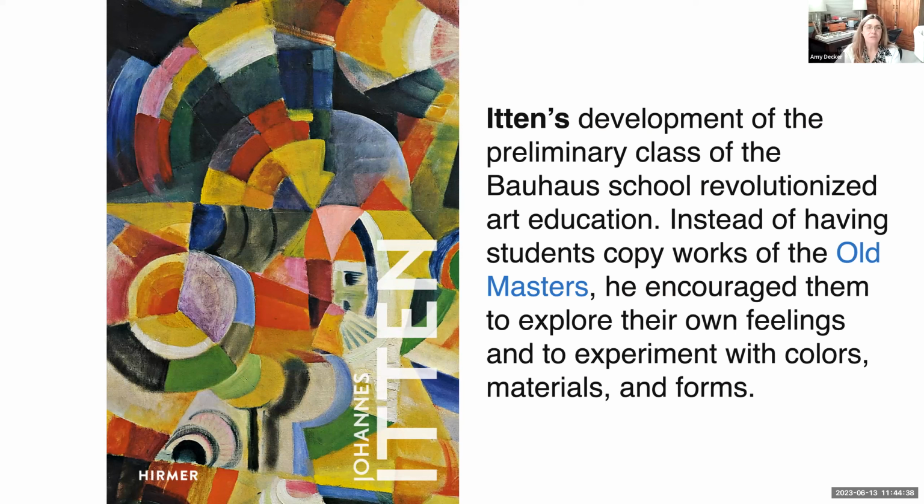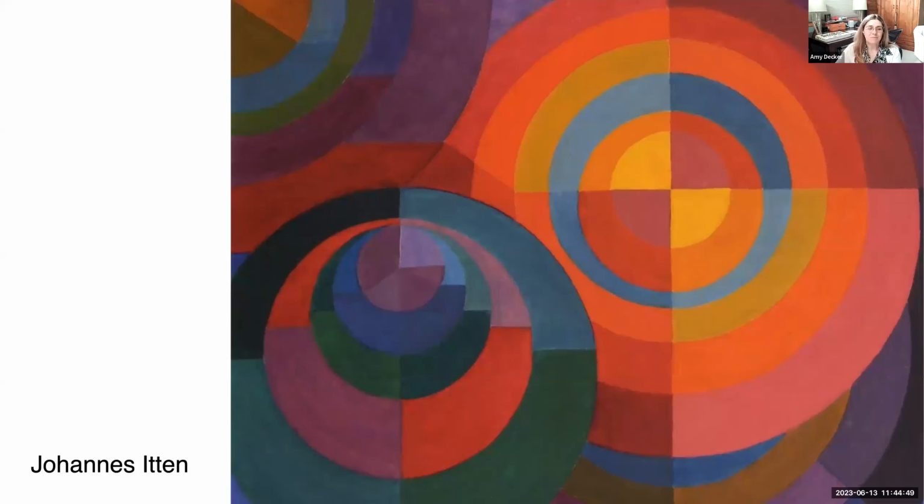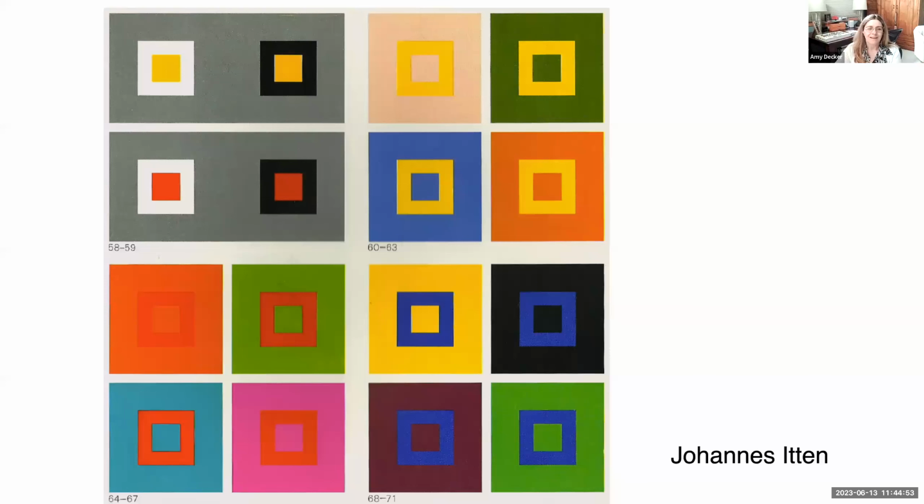Instead of having students copy works of the old masters, he encouraged them to explore their own feelings and to experiment with colors, materials, and form. Here's some examples of his work. And he's done extensive work in color theory.